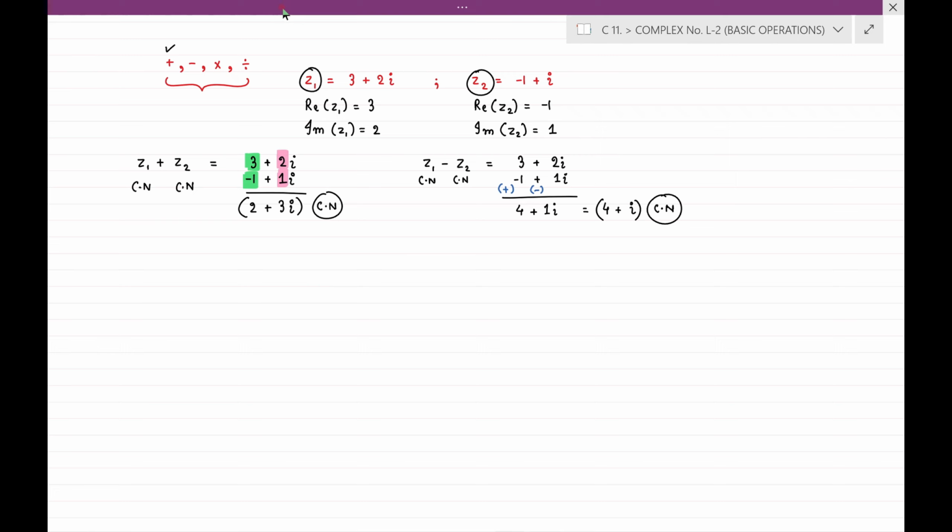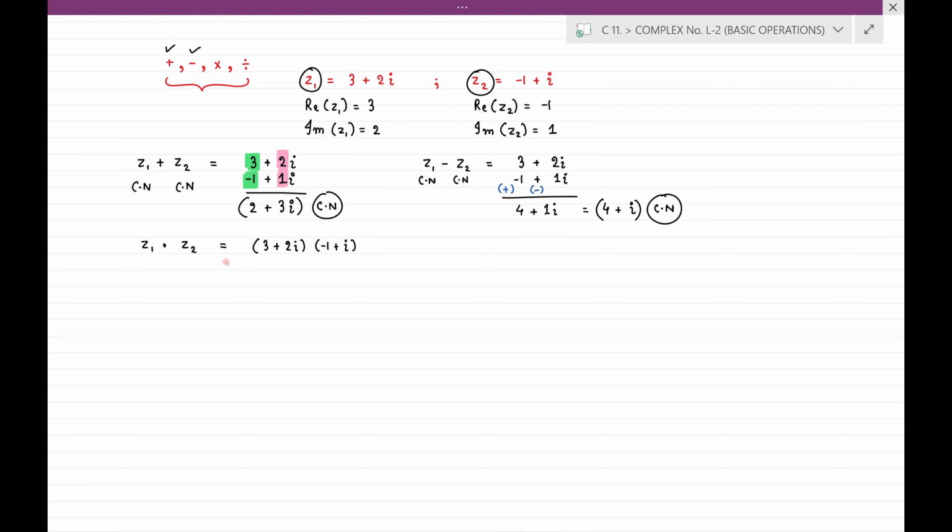Now similarly, we can go through the process of multiplication. Suppose I ask you to find the value of z1 into z2. The value of z1 into z2 can be calculated as shown. You write the first complex number in a bracket and the second complex number in another bracket, like this.